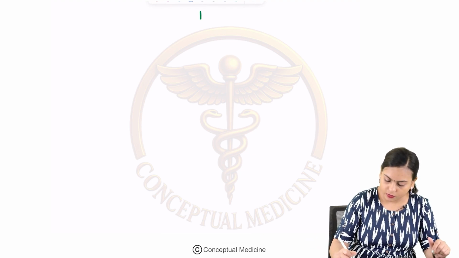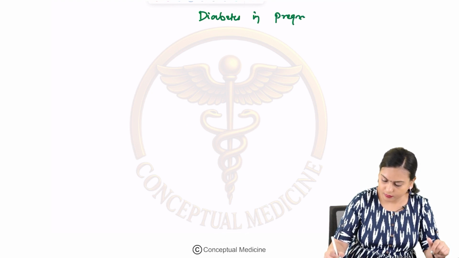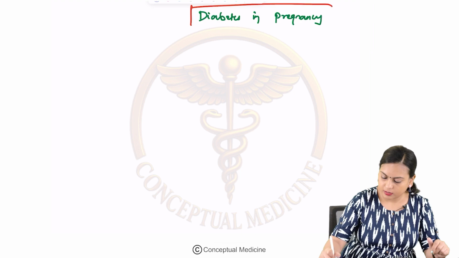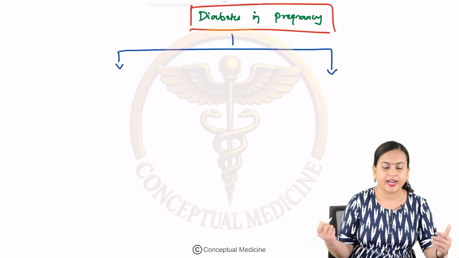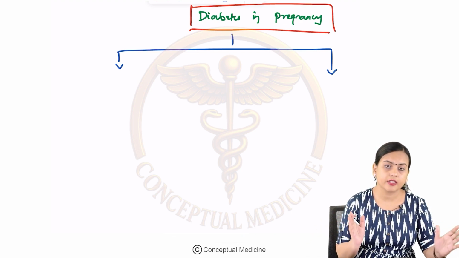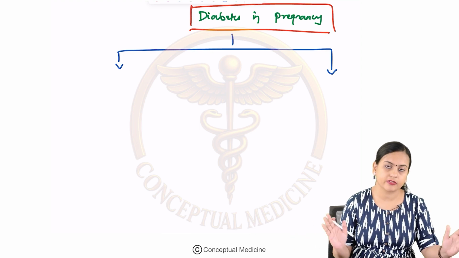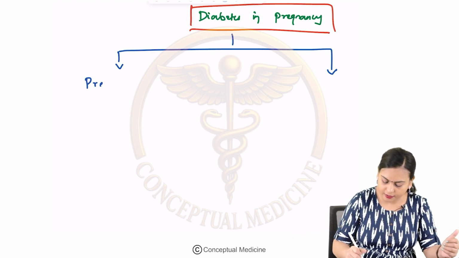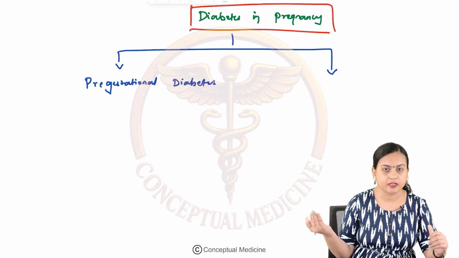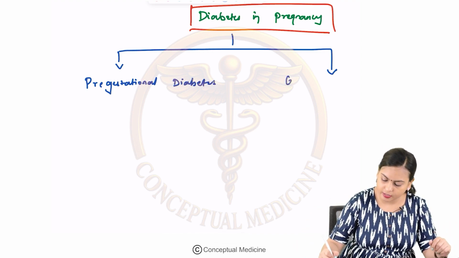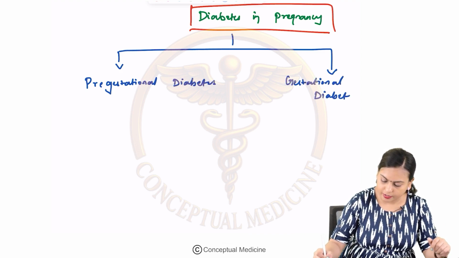If we see diabetes in pregnancy, it is classified further into a diabetes which had started even before the pregnancy was confirmed, that is known as pre-gestational diabetes, and a diabetes which was confirmed in pregnancy, that is gestational diabetes.